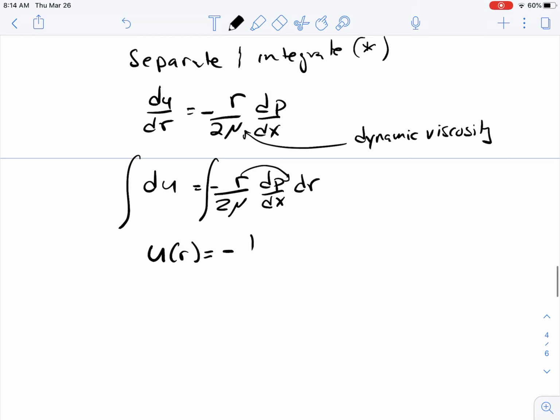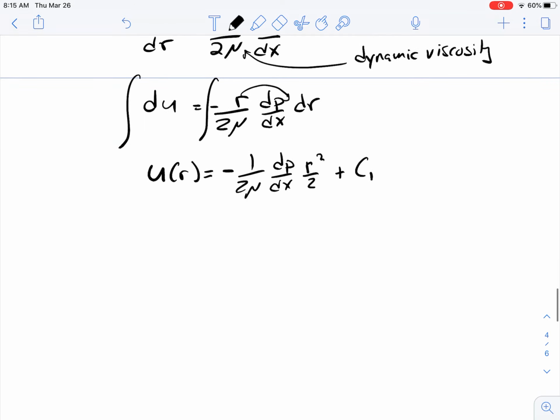We'll have minus 1 over 2 mu dP/dx times the integral of r dr. So we'll do the actual integral: minus 1 over 2 mu dP/dx, and then we'll have r squared over 2 plus our integration constant. So it's a pretty straightforward integral.